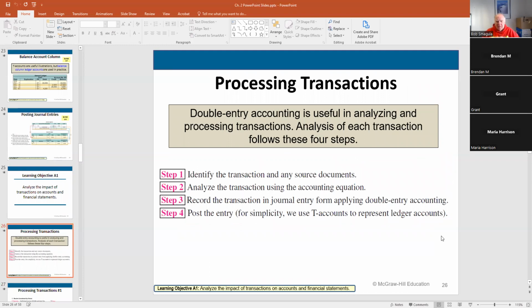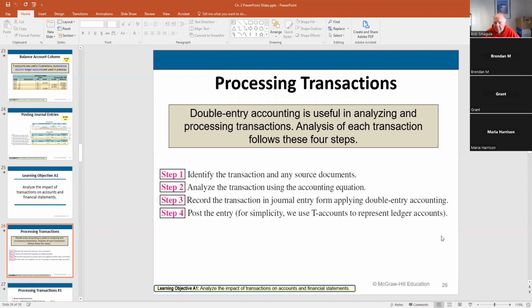Processing transactions, double entry accounting is useful in analyzing. Analysis of each transaction. Identify the transaction in any source documents. Again, if you were doing a payroll, it might be the time cards. It might be a printed summary of the payroll by department. It could be just the electric bill.